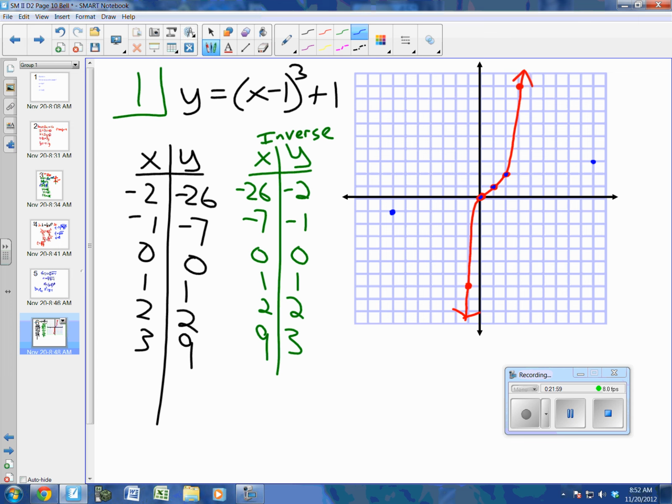This graph's going to look something like this. There is my inverse. That's all you do on 1 and 2. You graph the inverse. Alex, how do you find an inverse? There you go. Everybody got that?